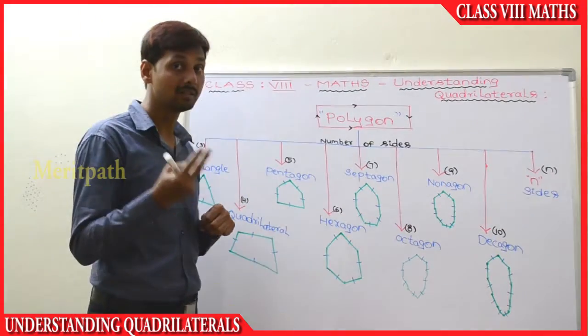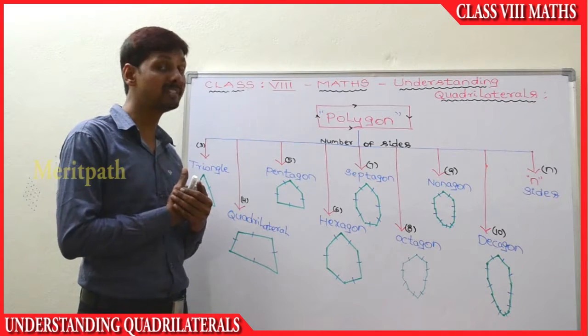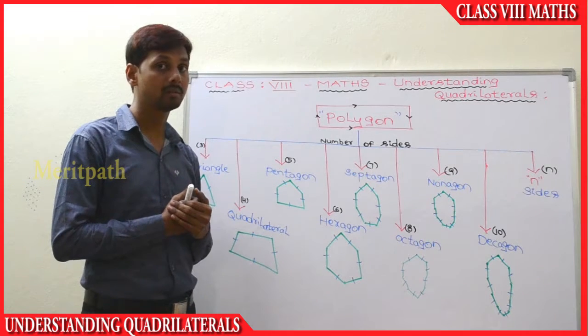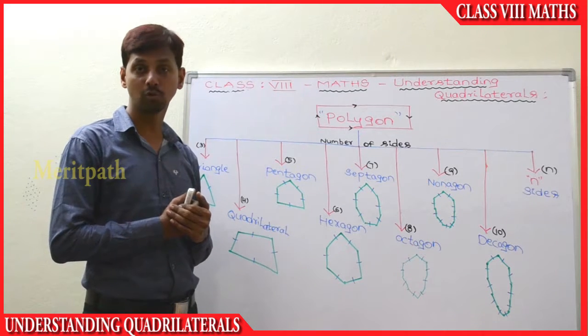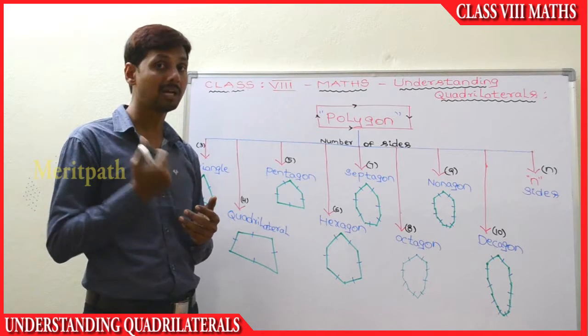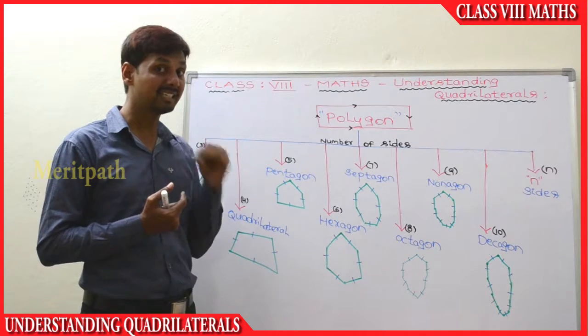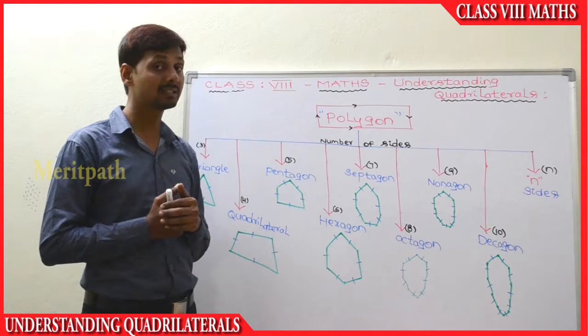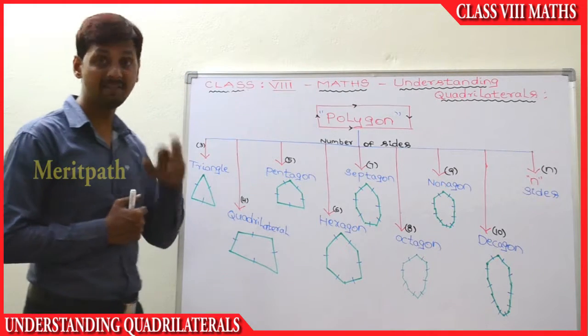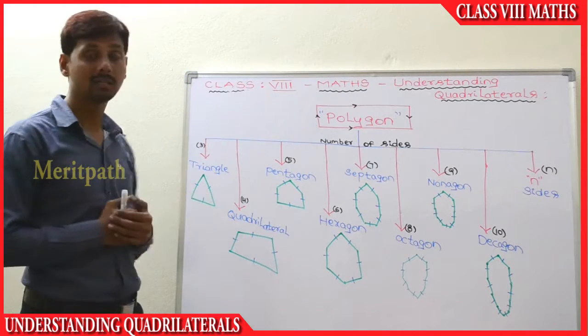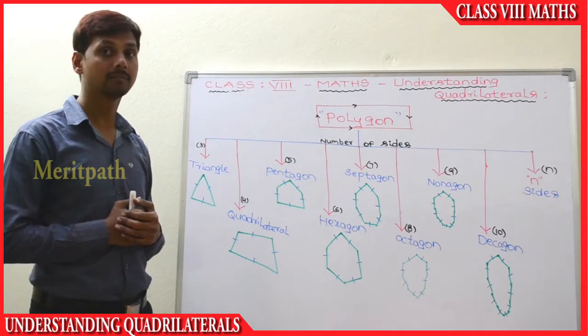Minimum 3 sides we have, 3 line segments we use, it forms a closed figure. If it has 3 sides, we call it a triangle.